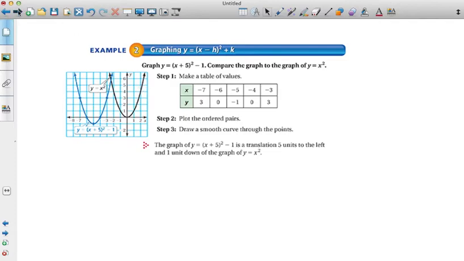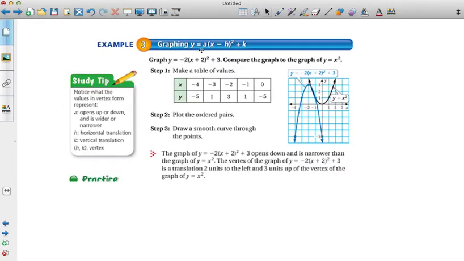Finally, what happens if I throw a number in front of the parentheses, which they called a? So the negative 2 times (x plus 2) squared plus 3. Let's think about what we're doing, combining essentially everything we've done so far. Look at the inside right here, x plus 2.